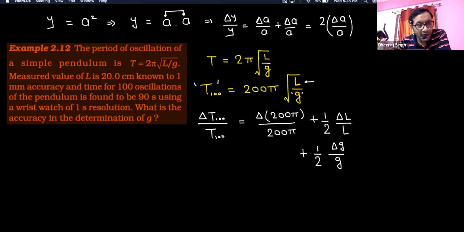Now tell me, what is the error in 200 pi? Everyone, what is it? The error in 200 pi is no error. It is a constant. It is an exact value. It is not a measured value. Fine. So this is 0.